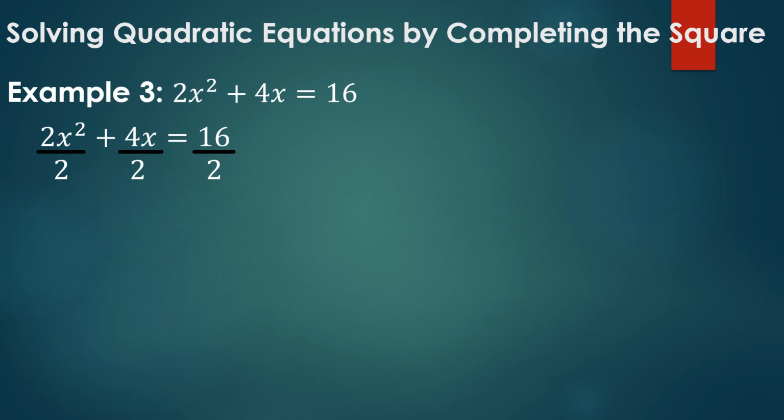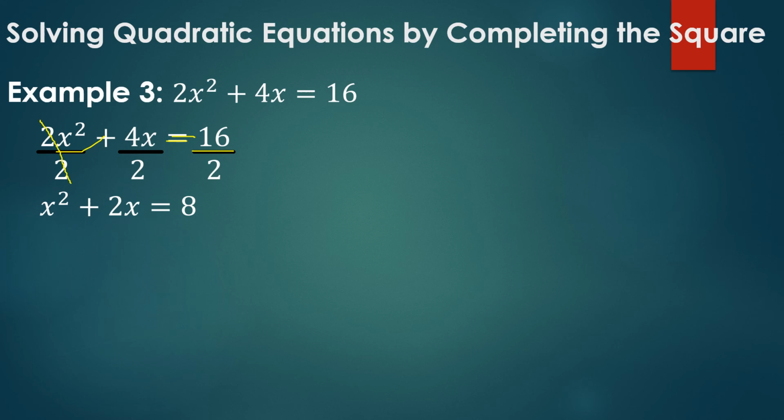So we have 2 divided by 2, makakancel na yan, and then ang matitira x squared plus 4 divided by 2, that is 2, is equal to 16 divided by 2, we have 8. Therefore, x squared plus 2x is equal to 8.